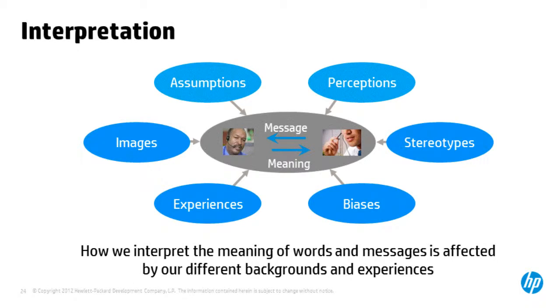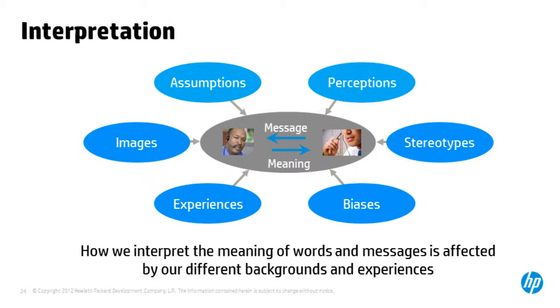Interpretation is affected by personal images, assumptions, perceptions, stereotypes, biases, and experiences. These are results of the filters placed on interpretation by our own background and experiences. These images, assumptions, perceptions, stereotypes, and biases affect the meaning that we extract from the verbal and written messages that we receive.